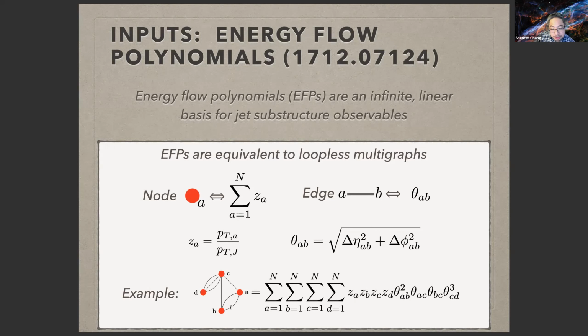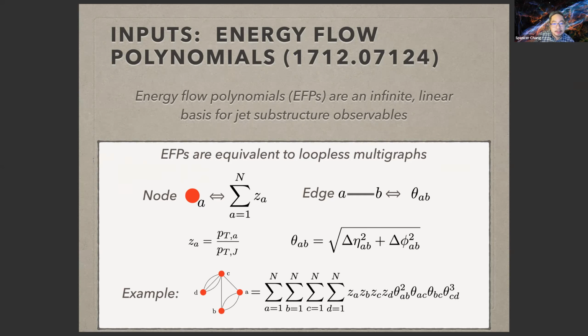Here you have 2 edges, so 2 factors of the angle between A and B. Between A and C and B, you only have 1 edge, so just 1 factor. And here there are 3, so you have these 3. You can see why you don't want loops: the angle between a constituent and itself would vanish, multiplying by 0, and it wouldn't give you anything non-zero. This is a nice way to categorize the energy flow polynomials.